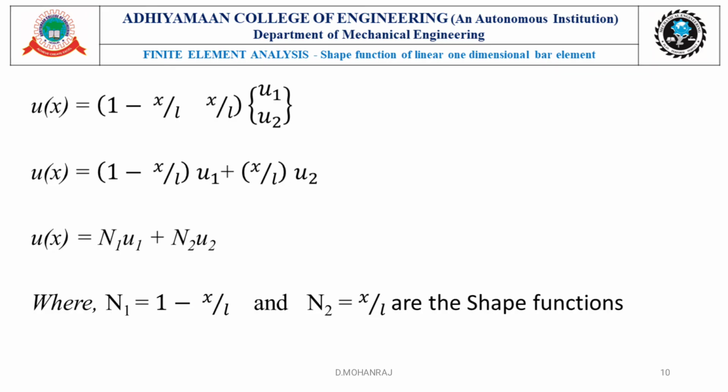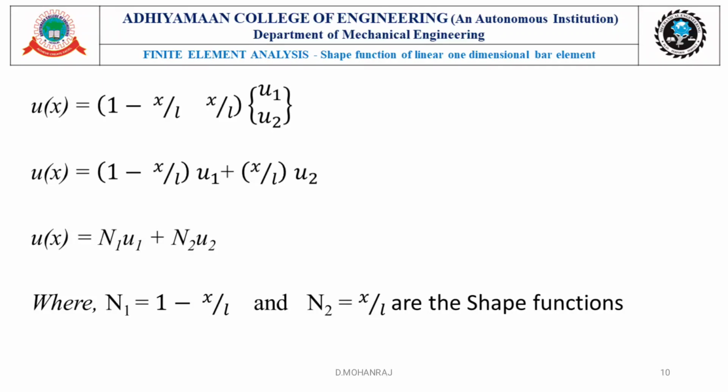So now we need to multiply this 1 cross 2 with 2 cross 1. So finally we are going to get 1 cross 1. That means 1 minus x by L has to be multiplied with u1 plus x by L has to be multiplied with u2.